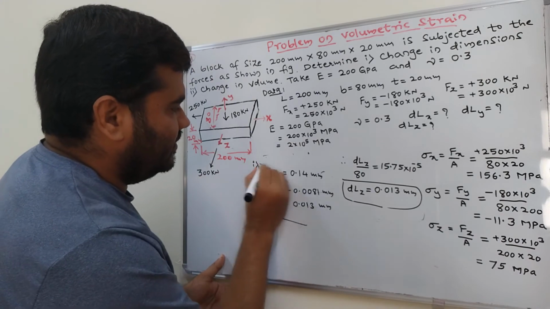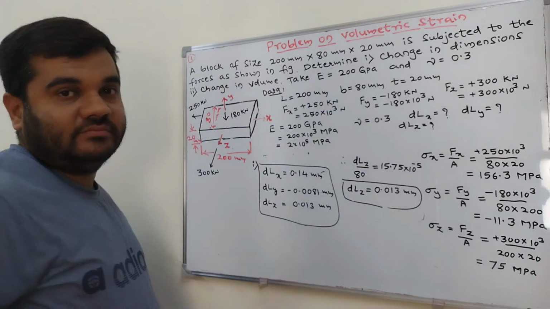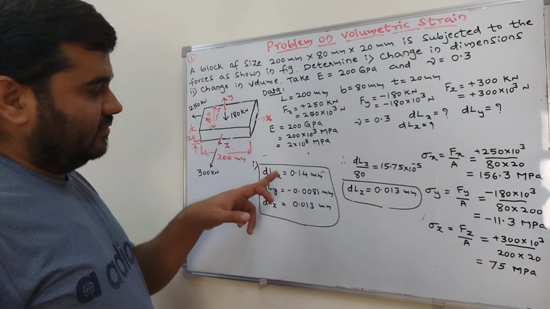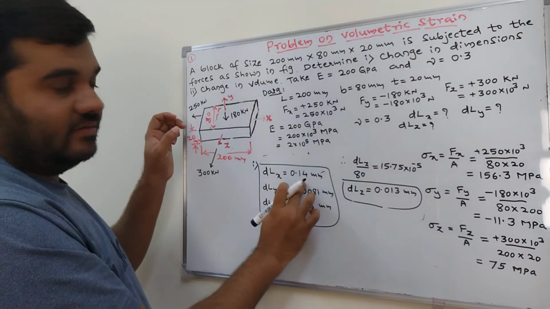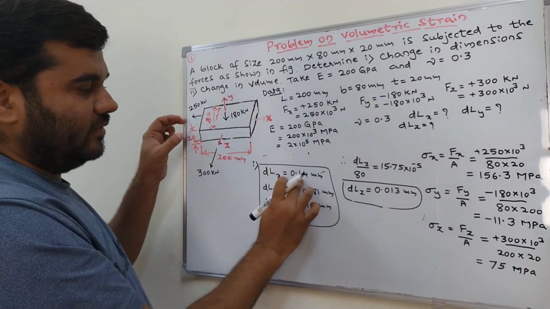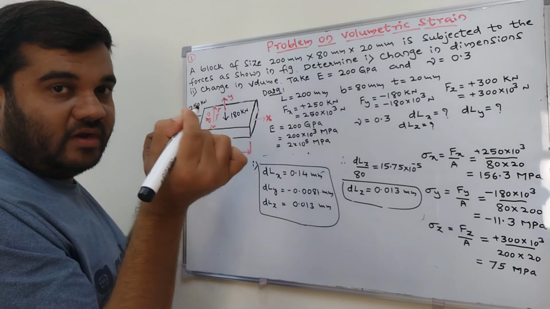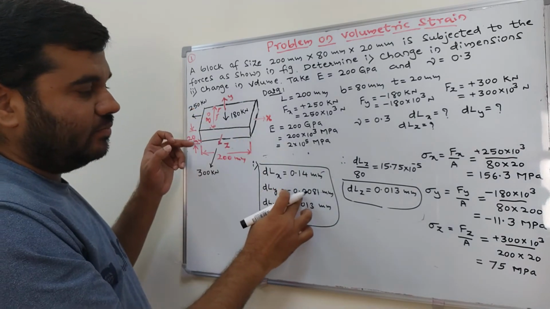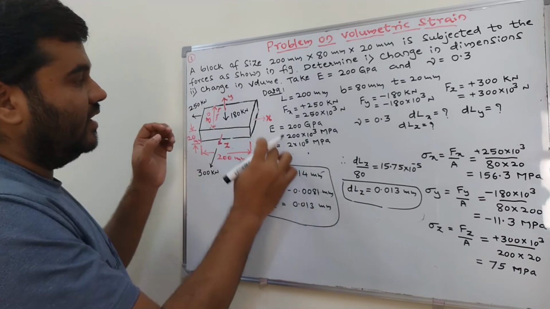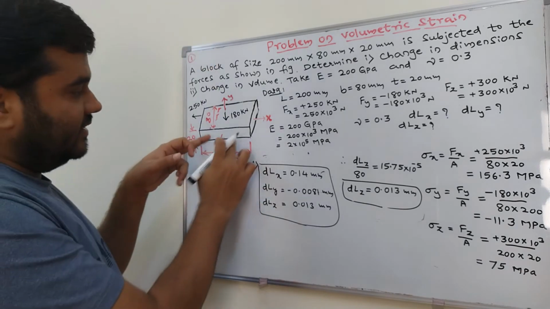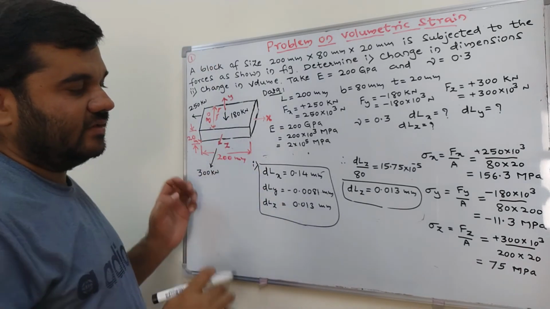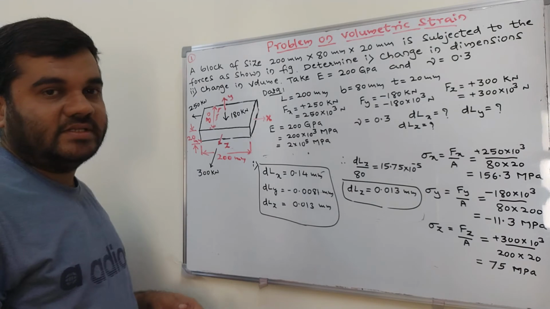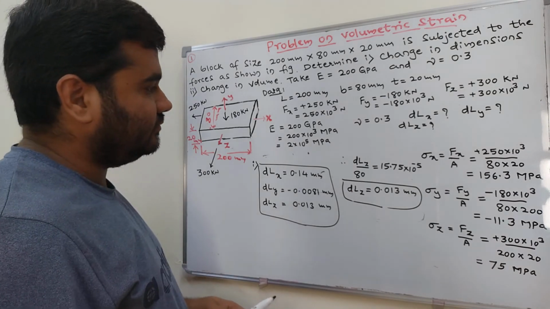This is the solution for the first bit. Deformation in x direction is very little, 0.14 millimeter, in y direction it is very small, and in z direction also only 0.013, not a considerable amount of deformation.